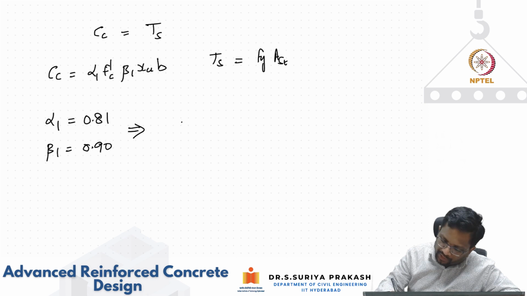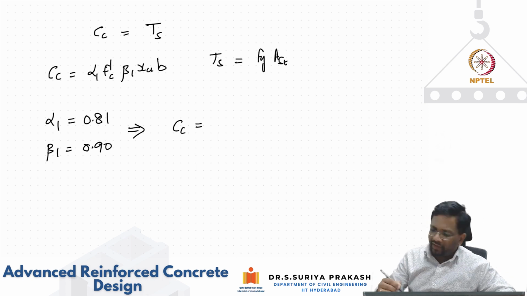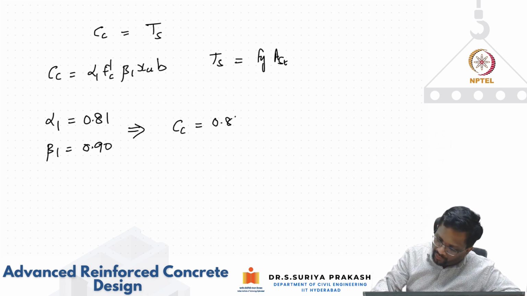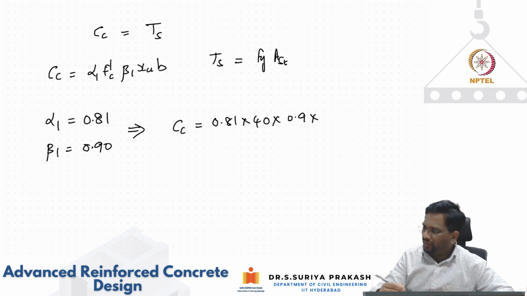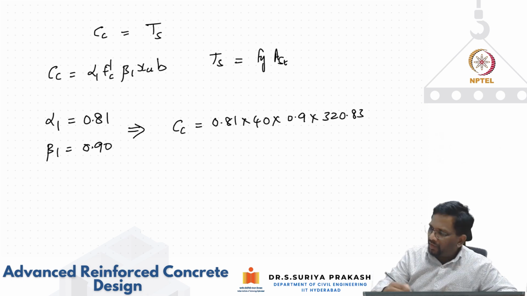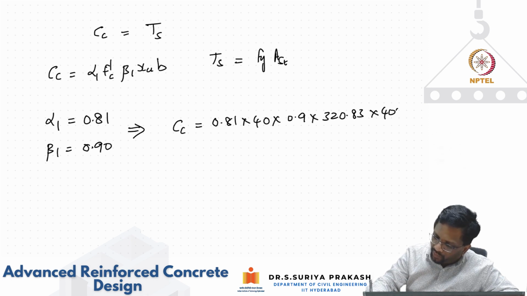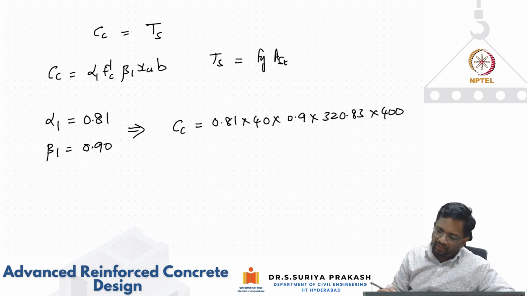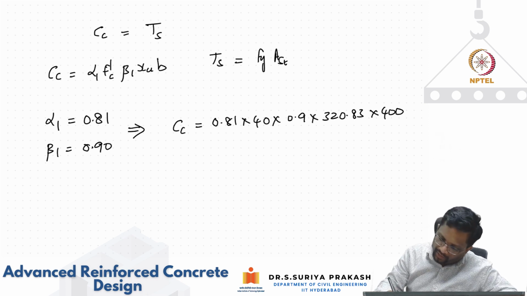So using this, if you substitute in Cc, you will find that Cc equals 0.81 multiplied by 40 multiplied by beta 1, which is 0.9, multiplied by xu, which we have calculated to be 320.83, and breadth of the section is 400. Okay. So that should be equal to Ts, which is equal to yield stress times AST.